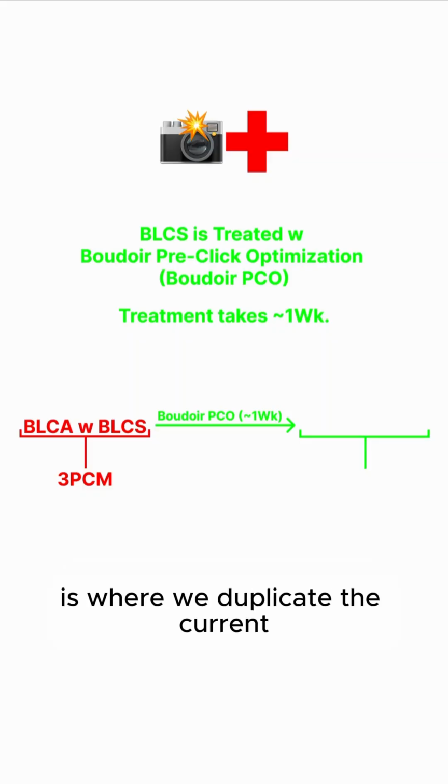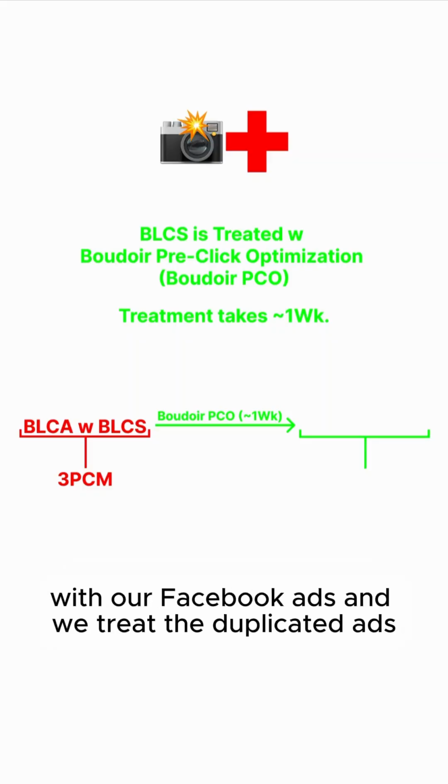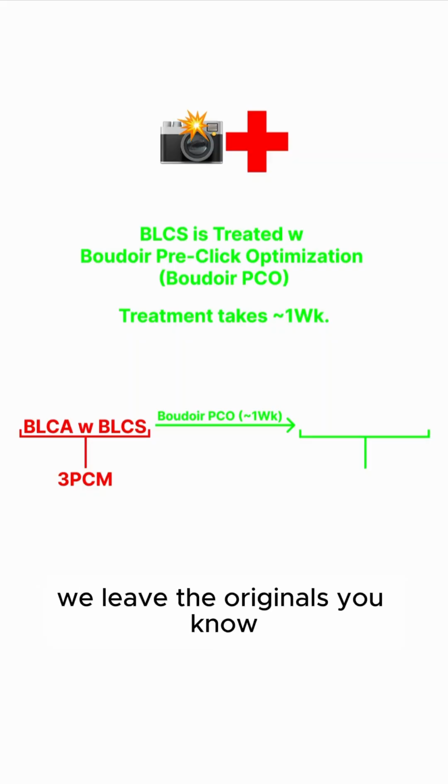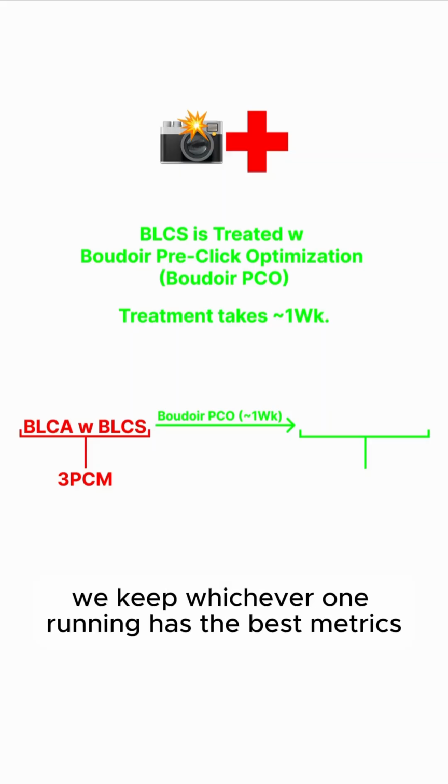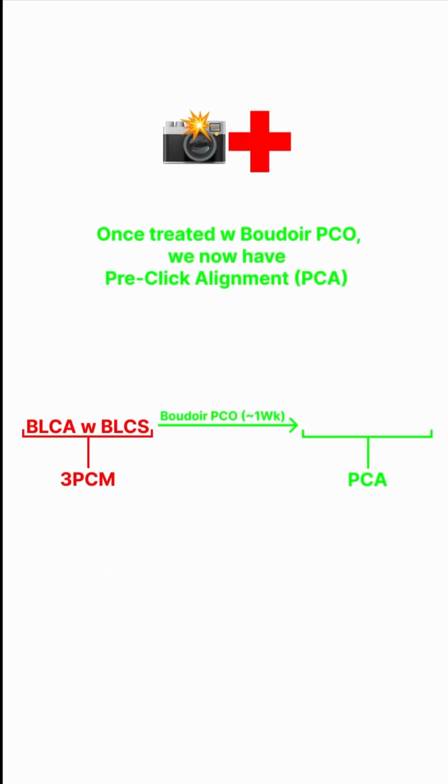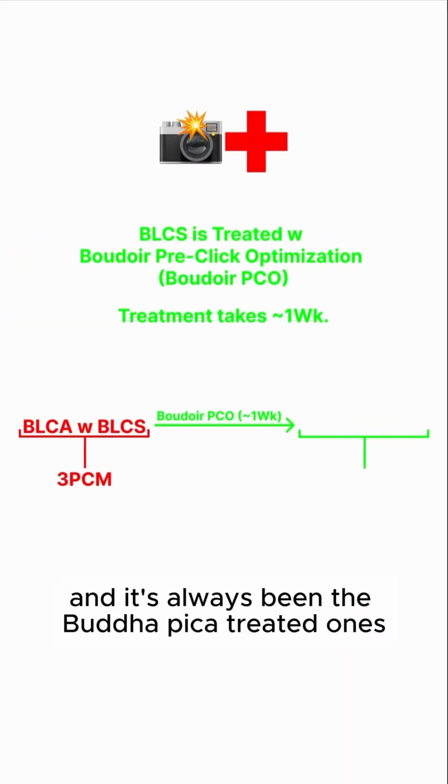This is where we duplicate the current Boudoir Facebook ads and we treat the duplicated ads. We leave the originals on or off, whatever. We treat the duplicated ones, and at the end of the week, we keep whichever one running has the best metrics. And it's always been the Boudoir Pico treated ones.